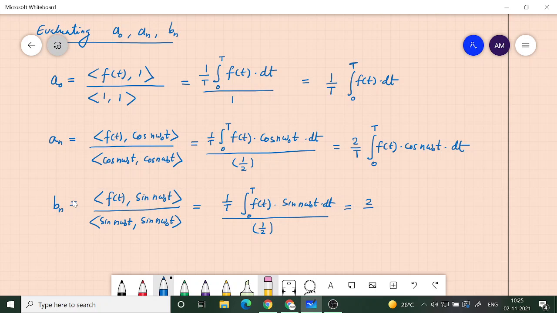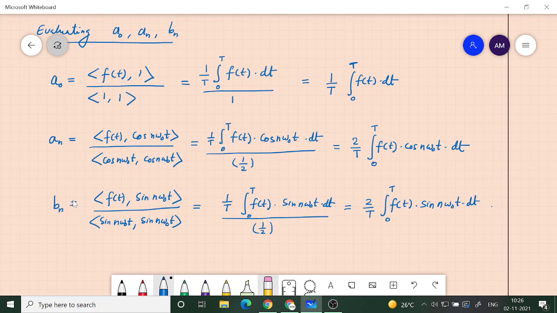So this is 2 by T integral 0 to T. Now it is not necessary that we should start from 0. You could start from minus T by 2 to plus T by 2 also. Anywhere you start, you have to integrate over a period of T. So you have to keep that in mind. f of t sin n omega 0 t.